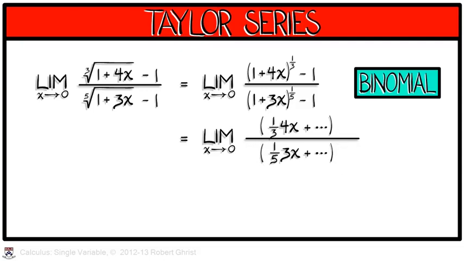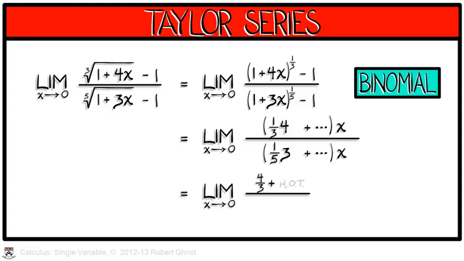Subtract 1. Those subtractions get rid of the constant terms. We're left with terms that all have an x in them. We factor that out, and then the leading order terms are 4/3 in the numerator and 3/5 in the denominator, yielding an answer of 20/9.